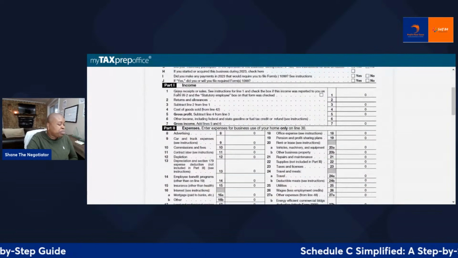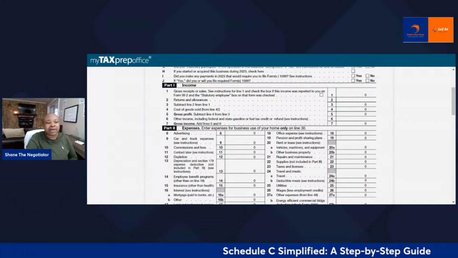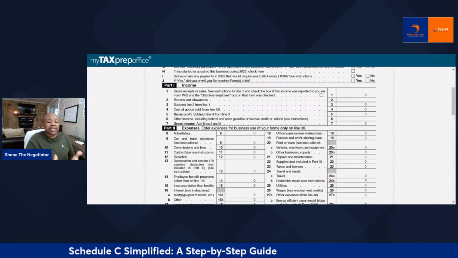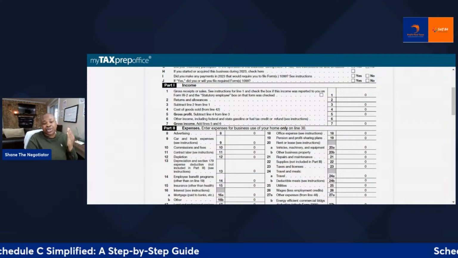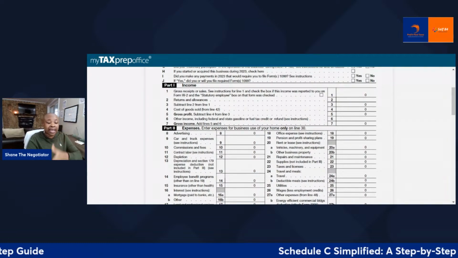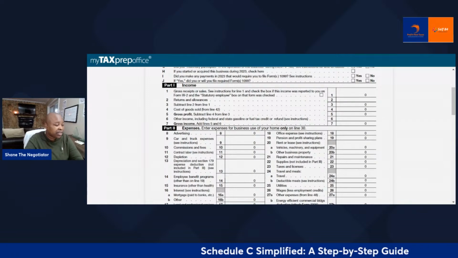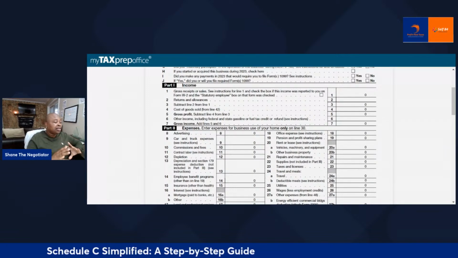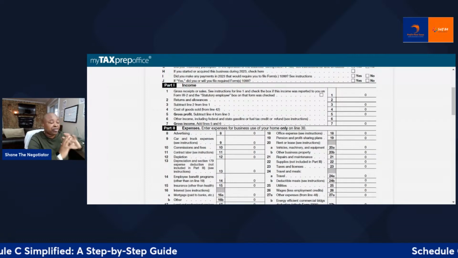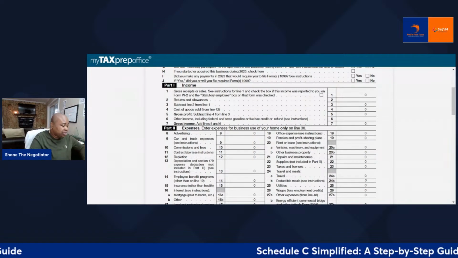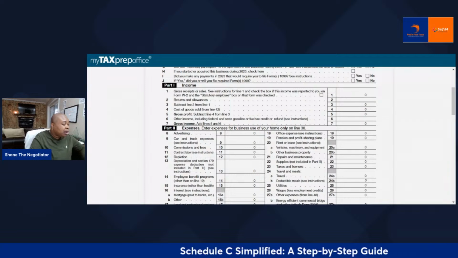So let's go into part one, where it talks about the income, part one income. Underneath line one, that's where you would put your gross receipts or sales and report the total income your business received. So whatever amount your business made. You're not putting W-2 income or anything here. The only time you're putting W-2 here is where it says, gross receipts or sales.